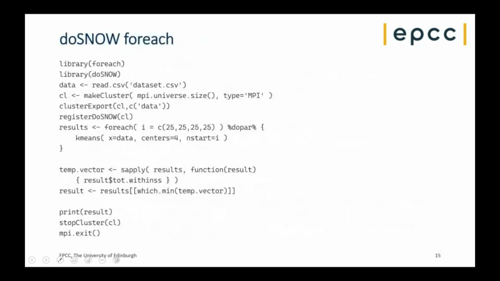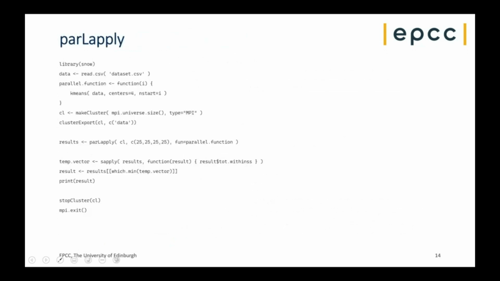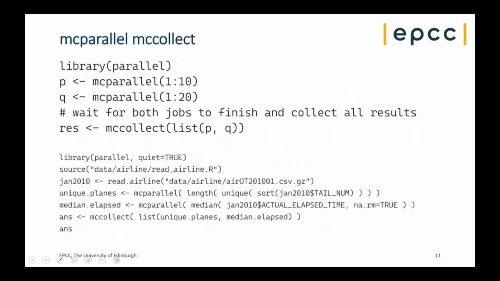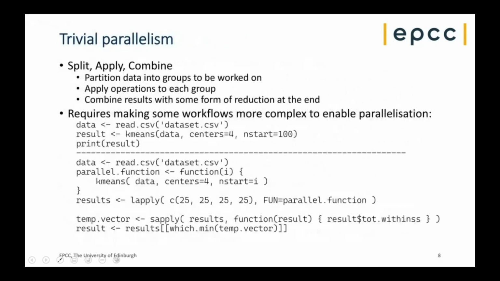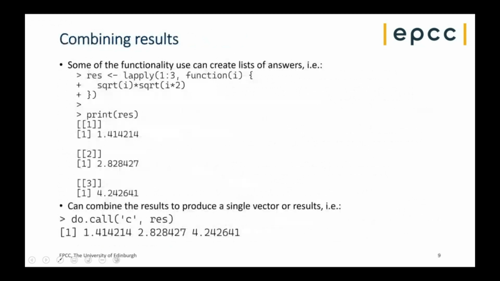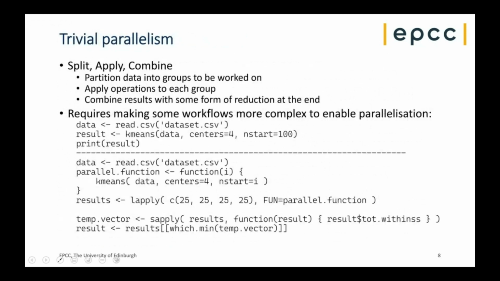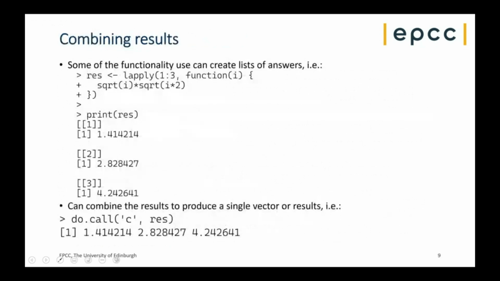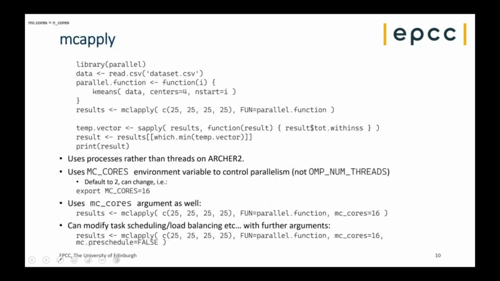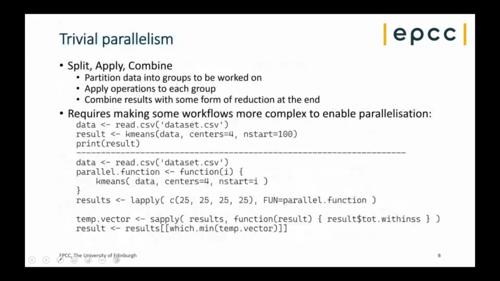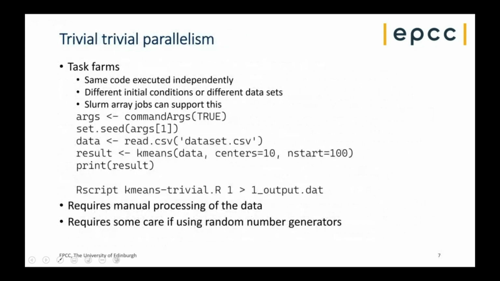Now, as I say, the entry-level things that are worth starting off with are the trivial parallelism, where we do some sort of splitting up that allows us to do lapply, mclapply, those kinds of functionalities.